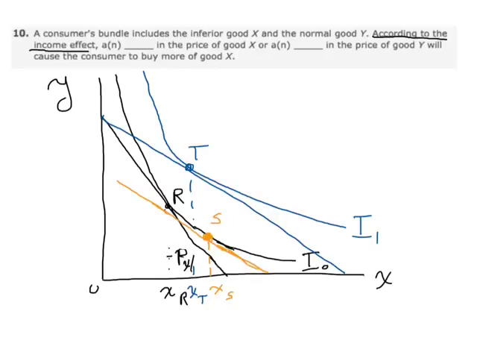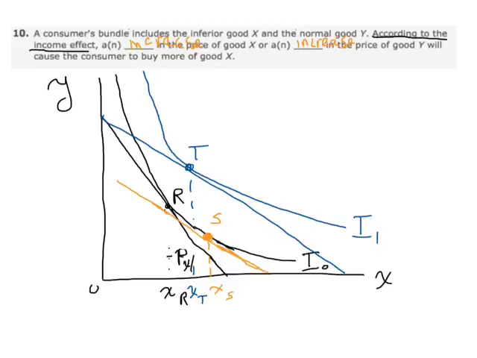But this is again because the income effect, an increase in the price of good X, or actually an increase in the price of good Y, will cause the consumer to buy more of good X. Because it's the income effect we're talking about.